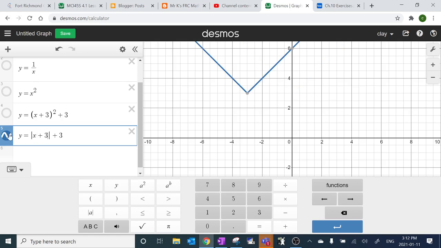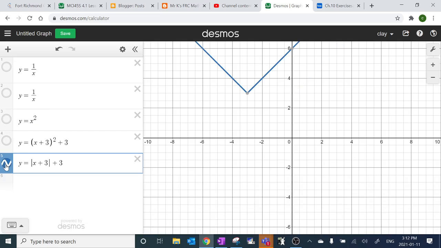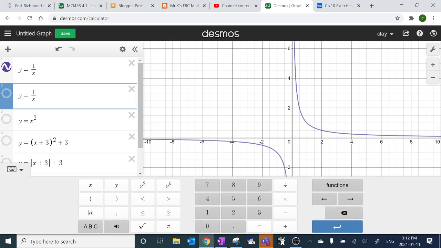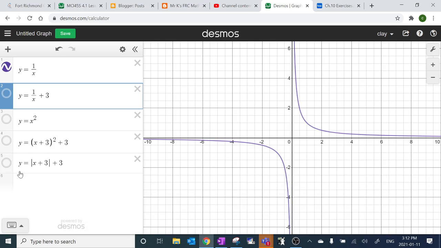So if that makes sense to you, why should this guy be any different? So there's that. What's going to happen to this thing when I add 3? Now, when I say it shifts up, try to imagine not only do those arms shift, but the lines that they can't touch shift with them. So, bloop, it went up 3.